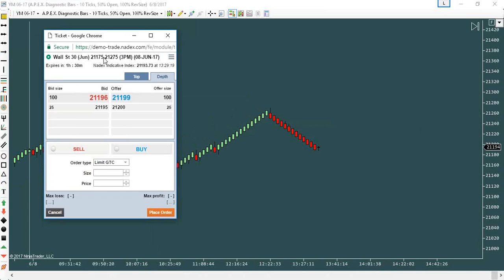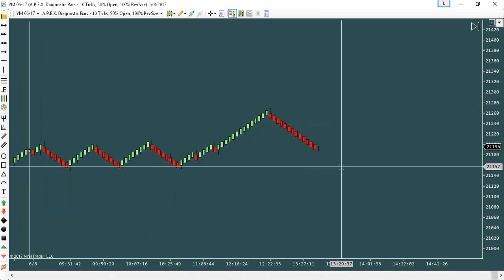So where is the floor and ceiling of this spread? The bottom of the spread is 21,175. The top is 21,275. So this particular spread is a 100 tick or 100 point spread. Let's draw it out, okay?